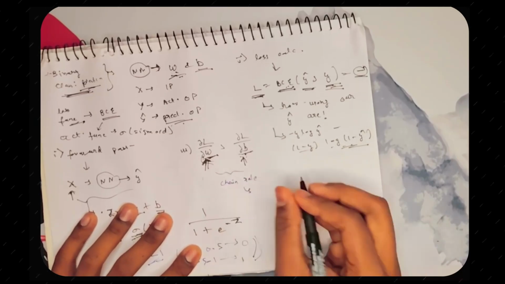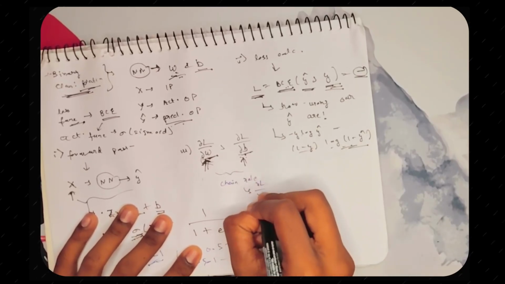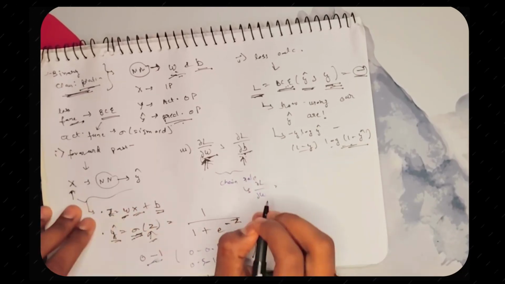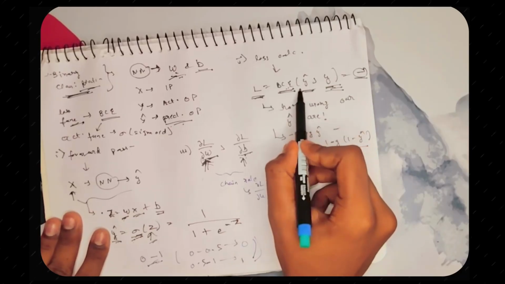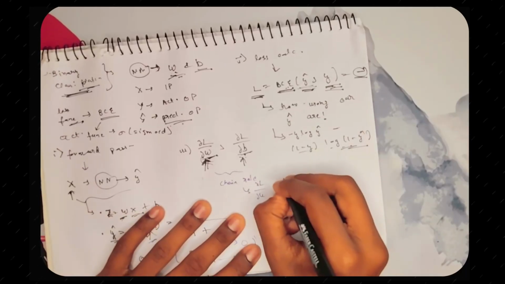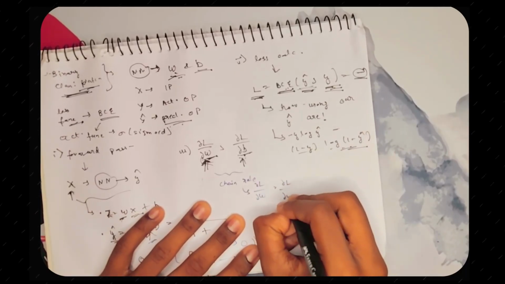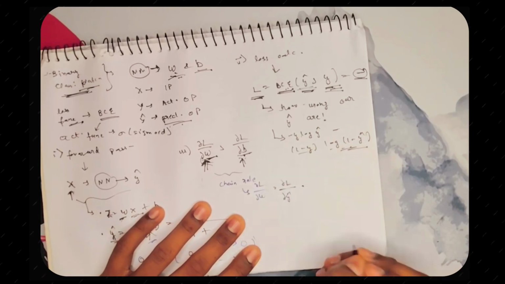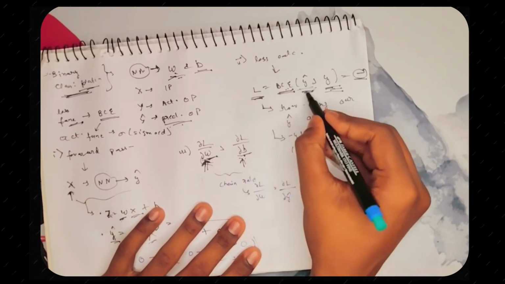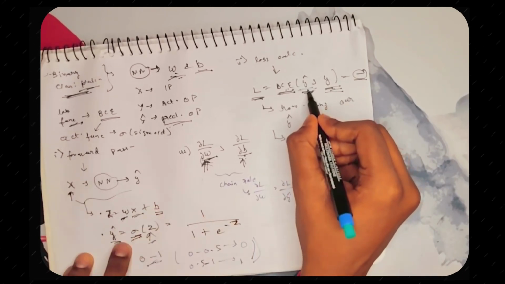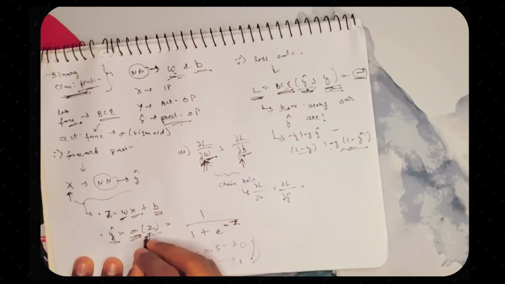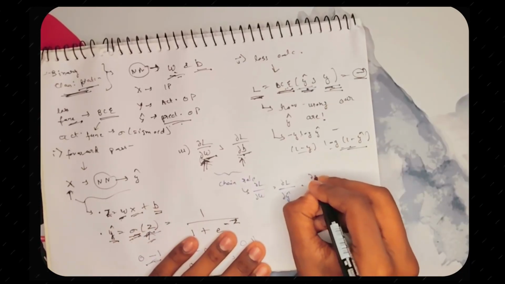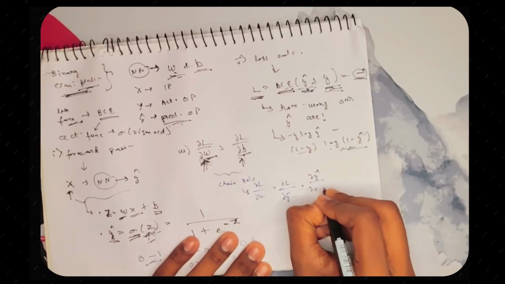Okay, so applying the chain rule, you can see that my loss is a function that is dependent on y hat. So I can write it like this, times, now this y hat is a function of z, so del of y hat by del of z.